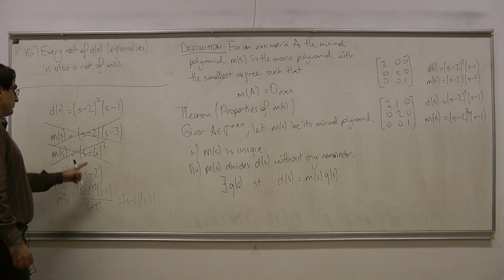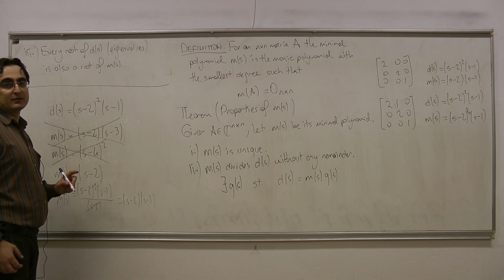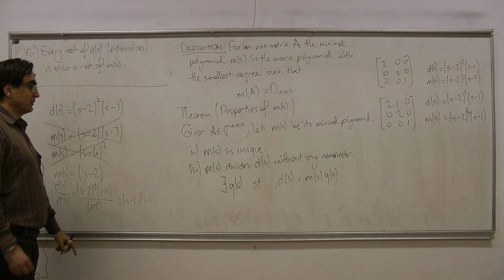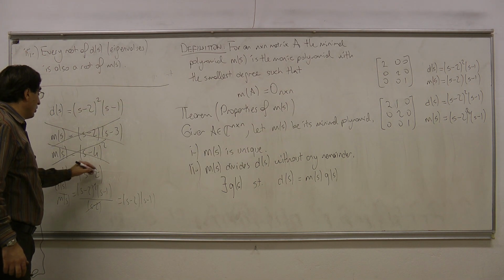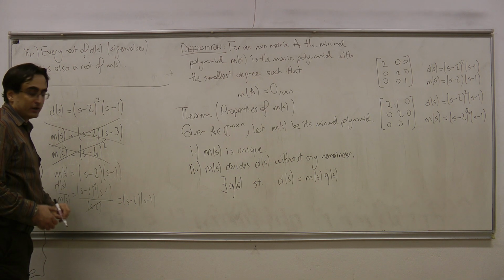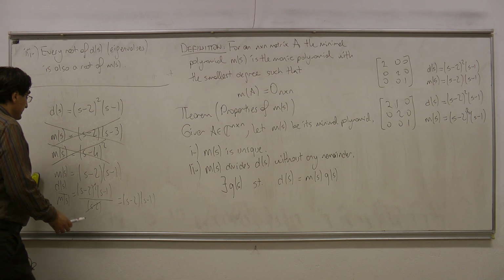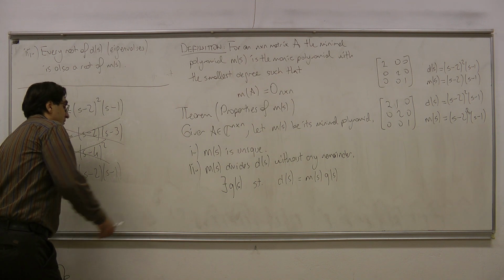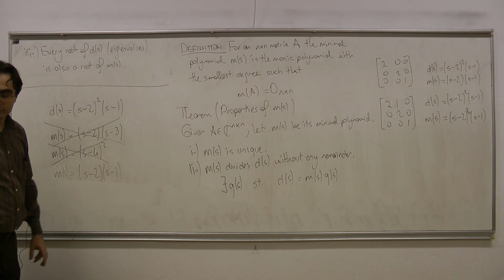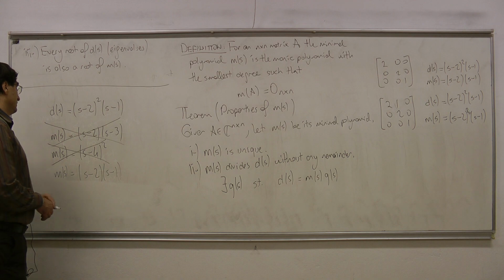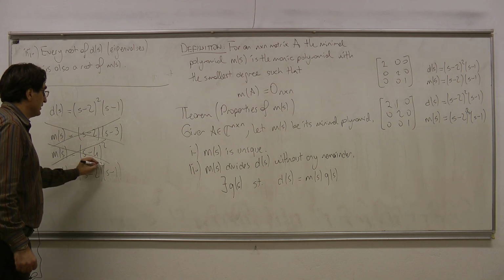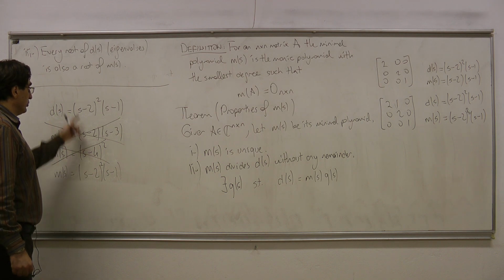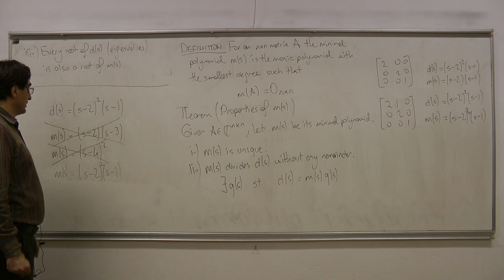So this m of s satisfies the second property. Okay, m of s divides d of s without any remainder. Or I can here put s minus 1 as well. This also satisfies the second property. This one also divides d of s without any remainder. Or I can put here the square. This polynomial also divides this d of s without any remainder.